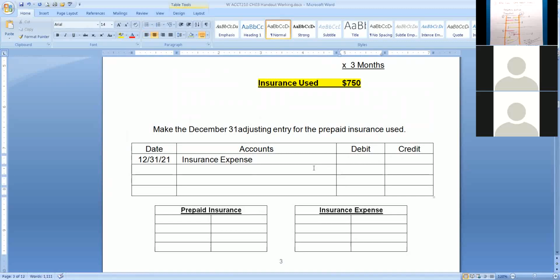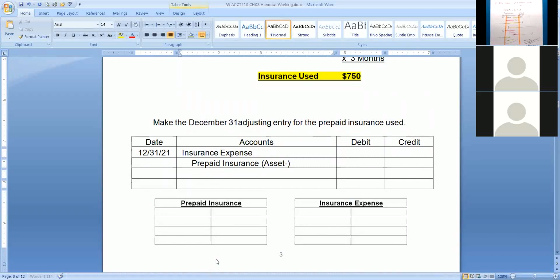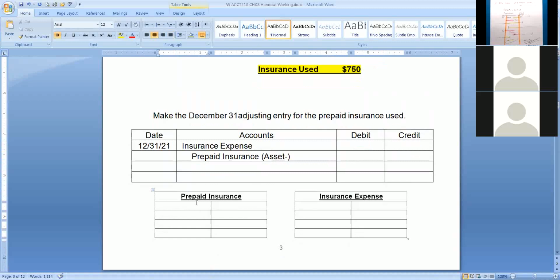And it's going to be for how much? So how much are we going to make the journal entry for? The expense will be 750 for a debit and prepaid is for credit 750. Perfect. So this is 750.